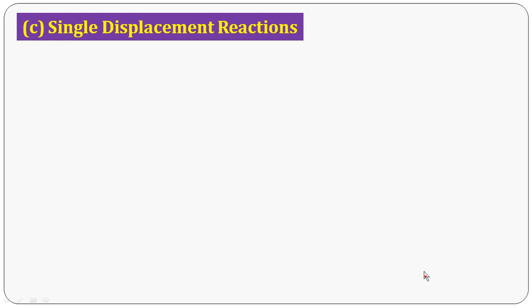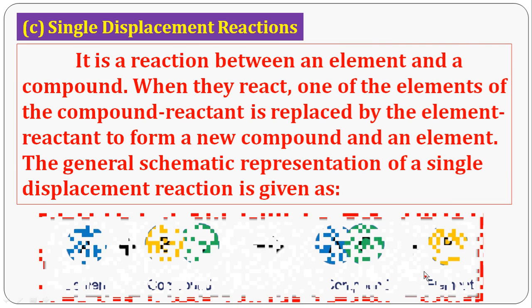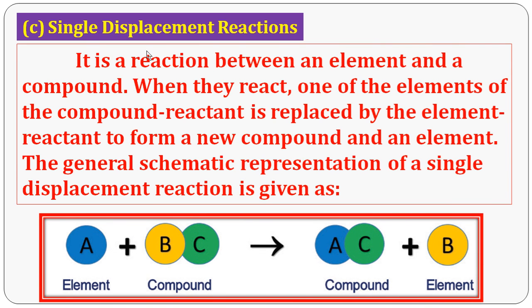The third type is single displacement reaction. It is a reaction in between an element and a compound. What does single displacement reaction mean? The reaction in which a more reactive element displaces a less reactive element from its compound is called single displacement reaction.